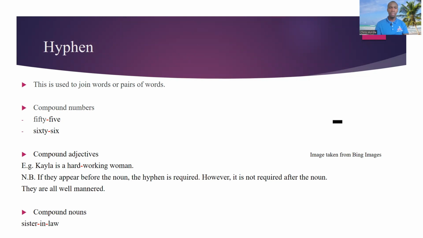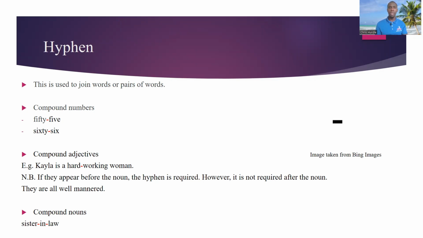Compound adjectives: Kayla is a hardworking woman. But pay attention here. If the compound adjectives appear before the noun, then the hyphen must be placed between them. But if they appear after the noun, the hyphen is not required.